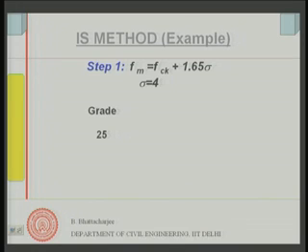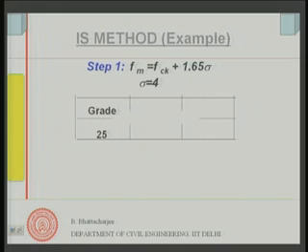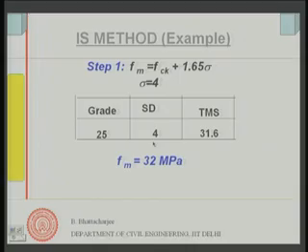So, 4 MPa is the standard deviation given. Then Fm will be given as 25 plus 1.65 times 4, and if I calculate this out, this comes out to 31.6. So, I can take this as approximately 32 MPa.